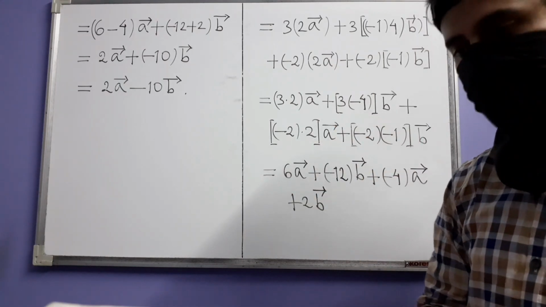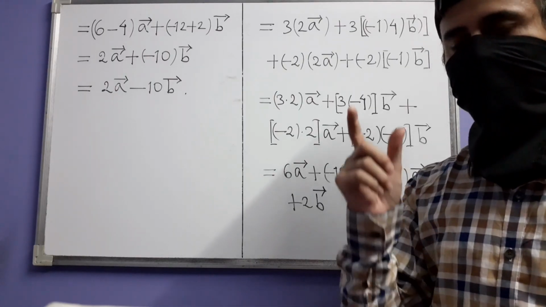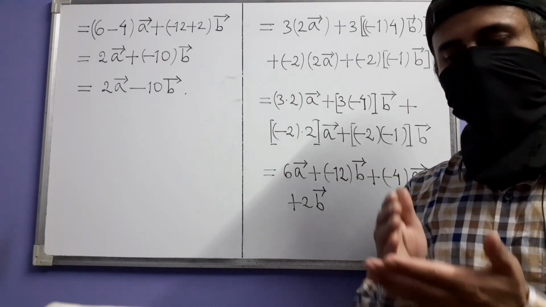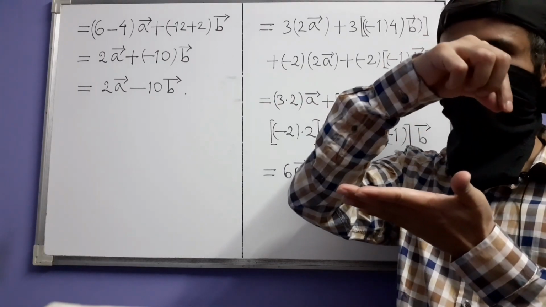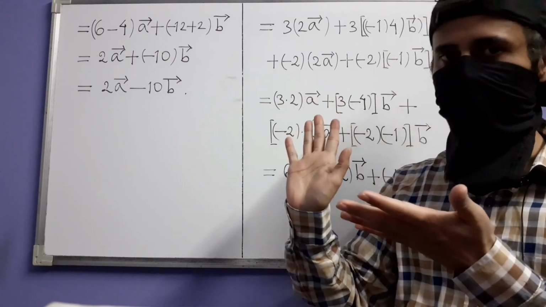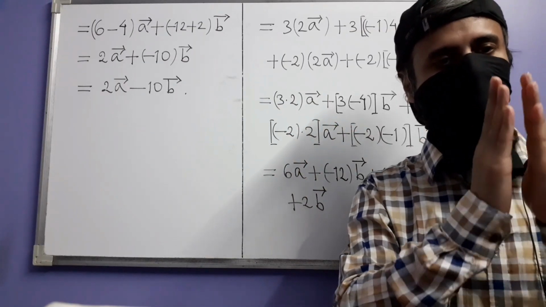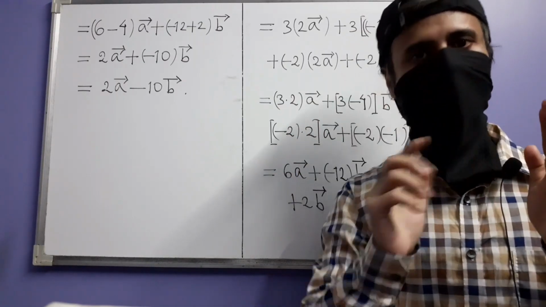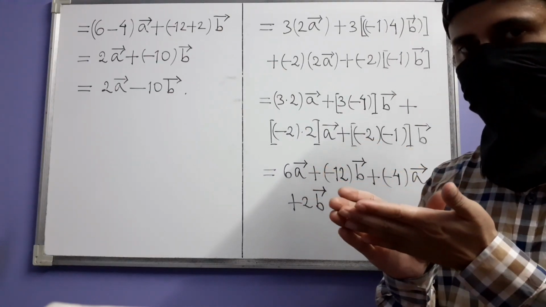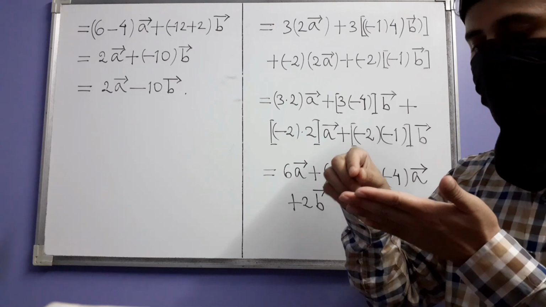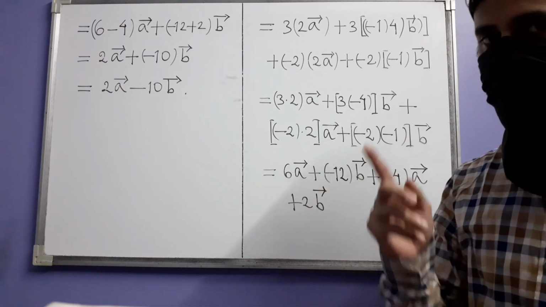Is that okay? Yes, that is okay, because of the fact that vector addition is associative. If you add to a plus b another vector c, you get one vector, and instead of that, if you add a to b plus c, you get that same vector. So in a sum involving a finite number of vectors, it does not matter how you do the calculation, which vectors you add first.